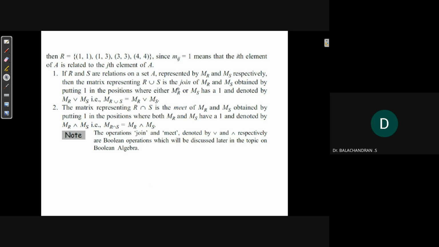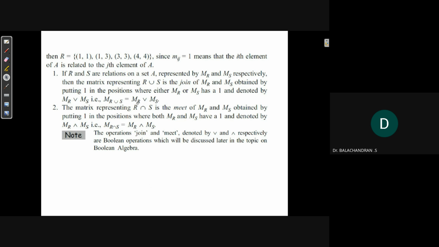The matrix representing the relation R union S is equal to MR join MS, where MR is the matrix representing R and MS is the matrix representing the relation S.